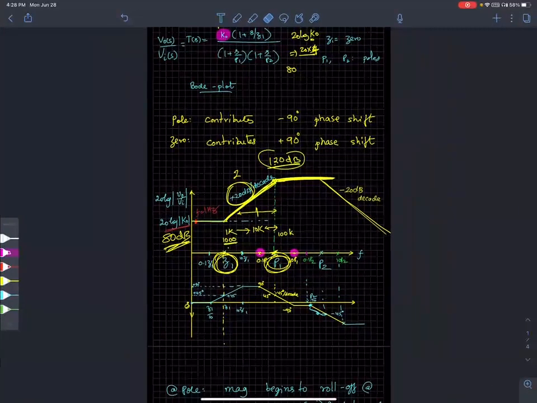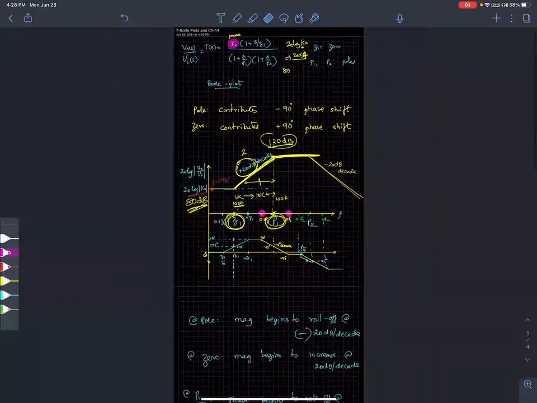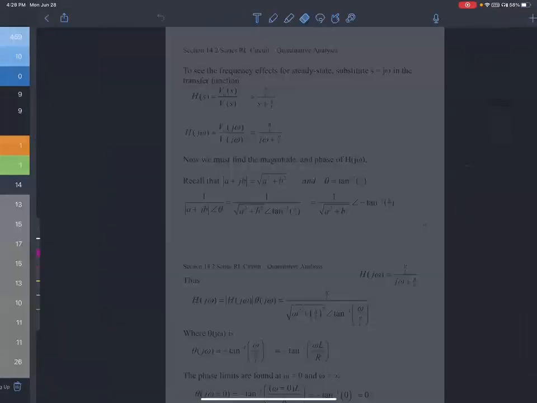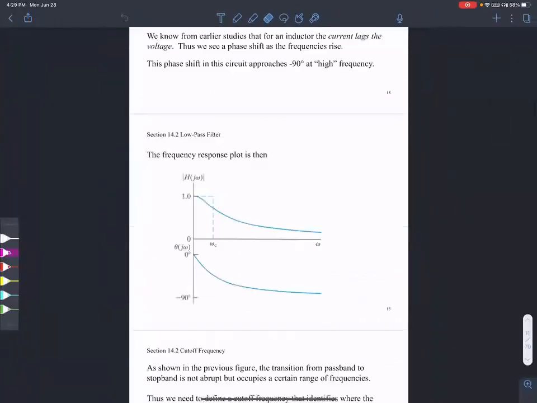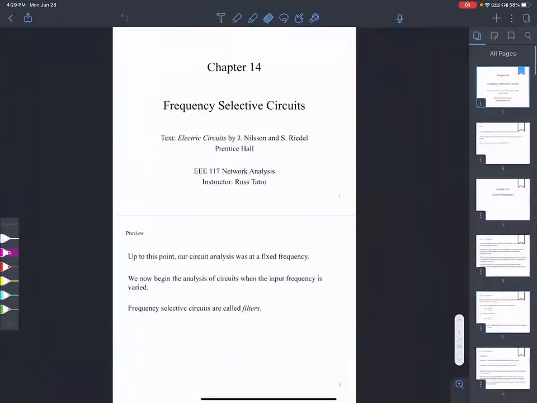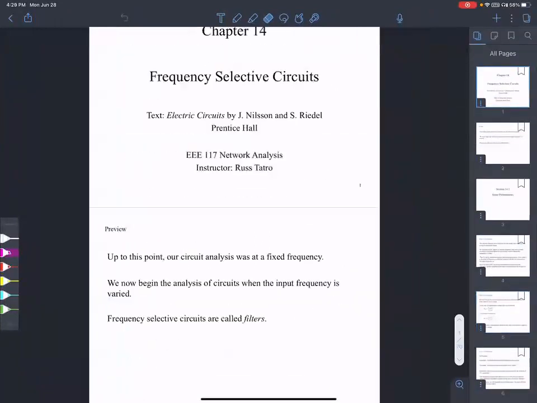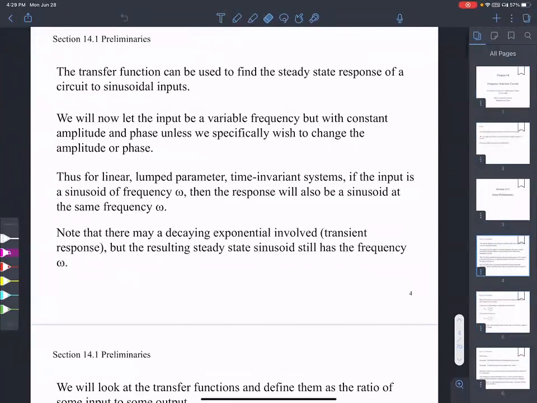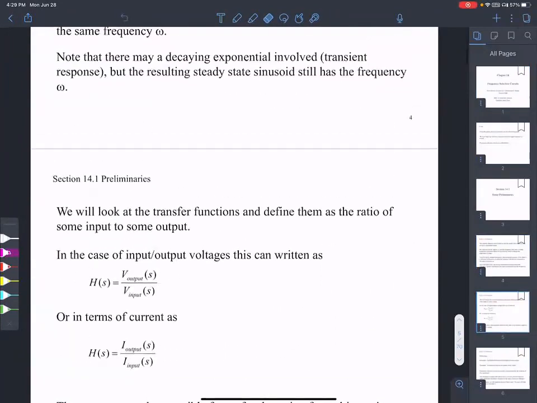Okay, I see that there are no questions, which is a good thing. So what we are going to do is move on to the next chapter, frequency selective circuits: high pass filters, low pass filters, band pass filters, band reject filters.